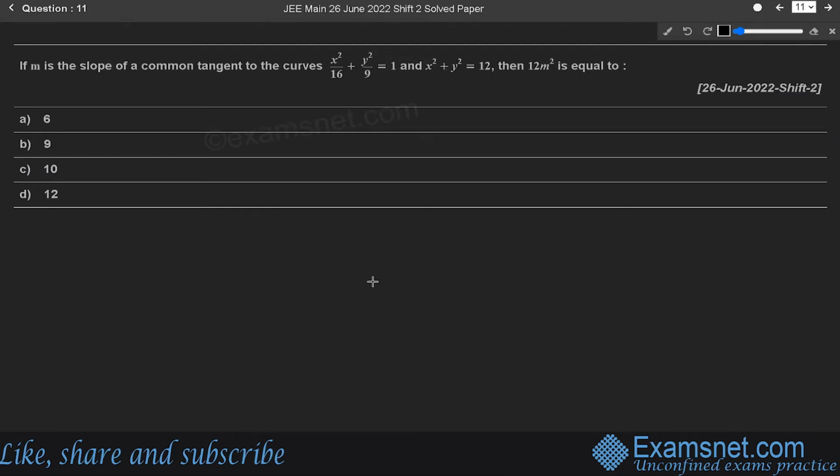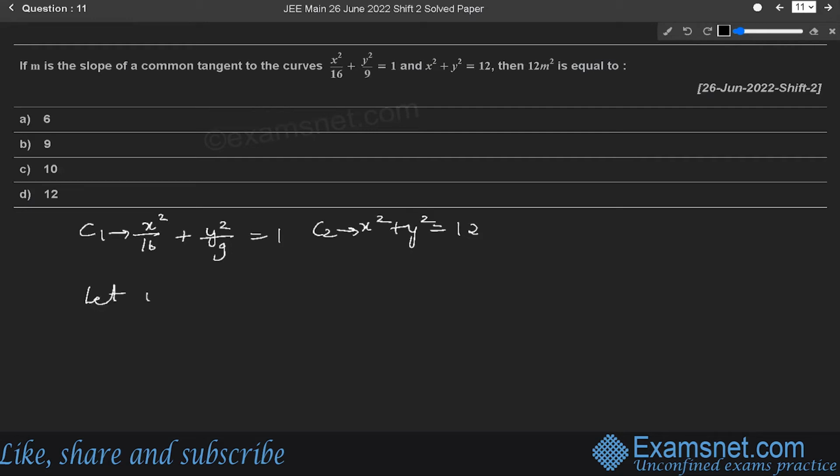Moving on to the next question, if m is the slope of a common tangent to the curve x²/16 + y²/9 = 1 and x² + y² = 12, then 12m² is equal to. So two curves are given here. Let this be C1 and let this be C2.